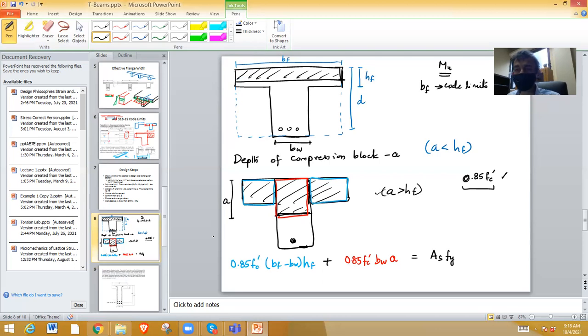Now, just like the doubly reinforced beam, it is convenient to split this right-hand side into two parts.